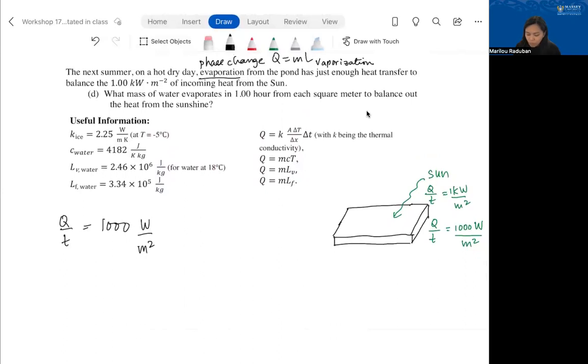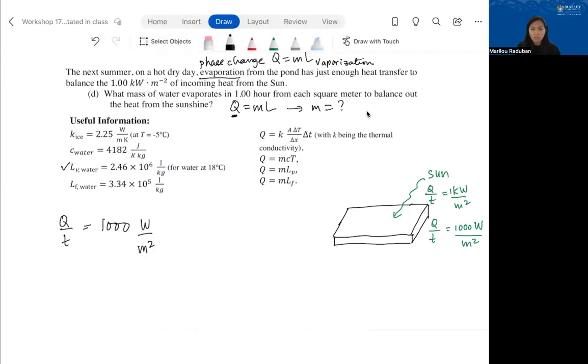Now, what we want to find is the mass of water that evaporates every hour. So in evaporation, you have Q is equal to mL. We want to find m. So to find m, we need to figure out Q, right? L is just a constant, the latent heat of vaporization.